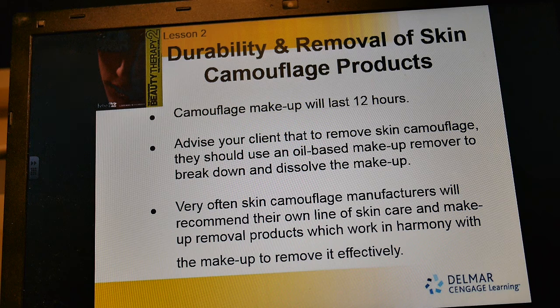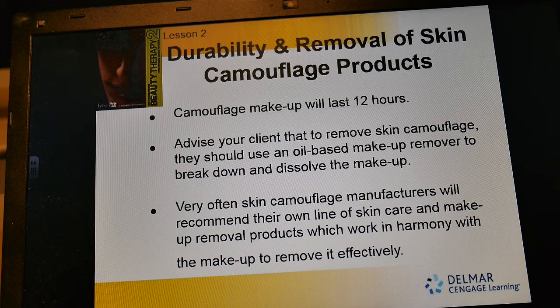Advise your client to remove the skin camouflage makeup. It needs to be removed with an oil-based makeup remover. So they can use baby oil if they want, but I would advise something like Clear Cleanse or Veil Cover Cream. Veil Cover do their own skin range, which is oil based as well.